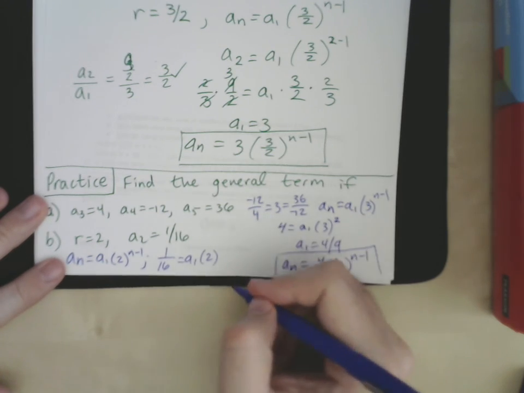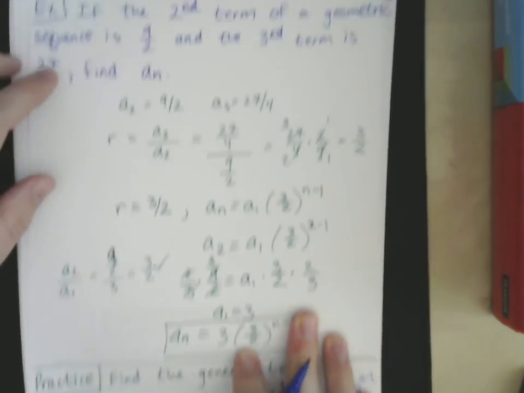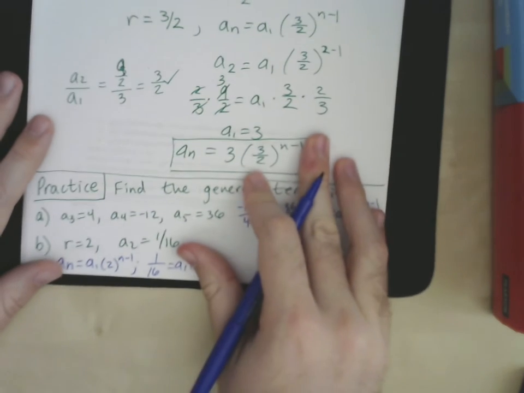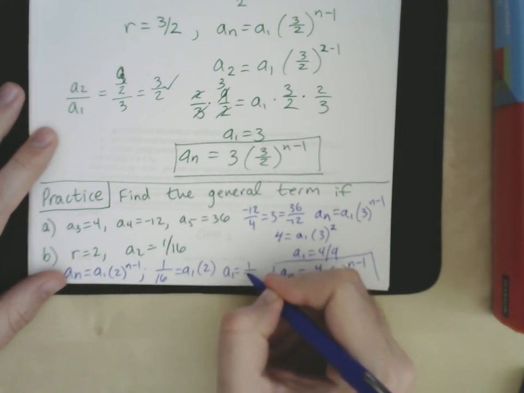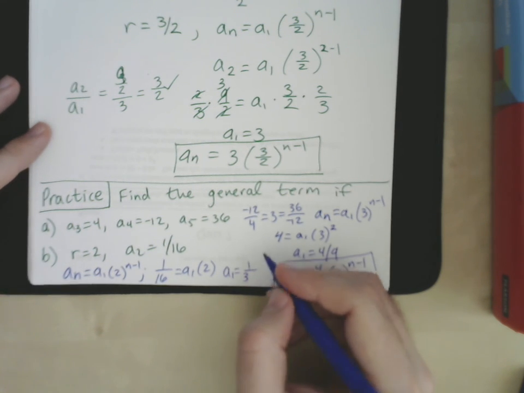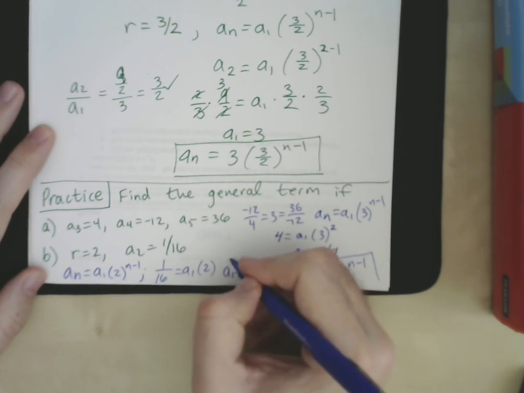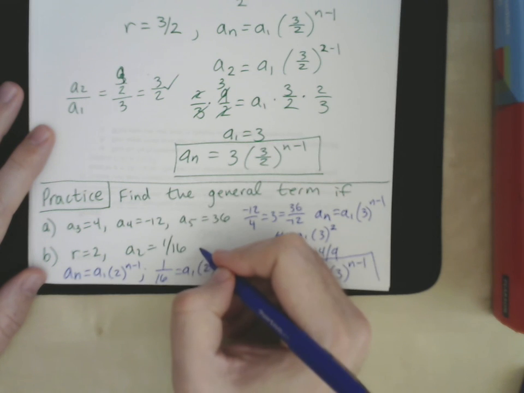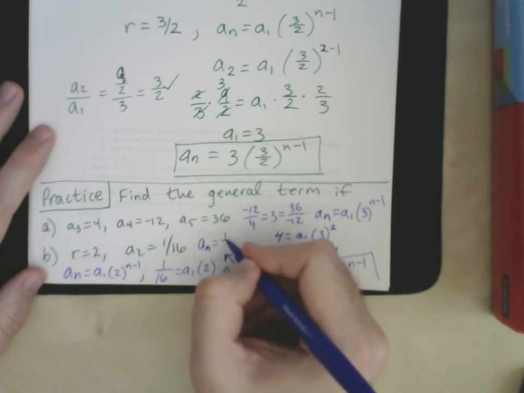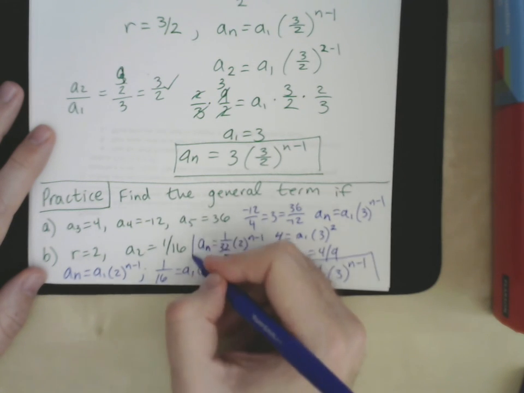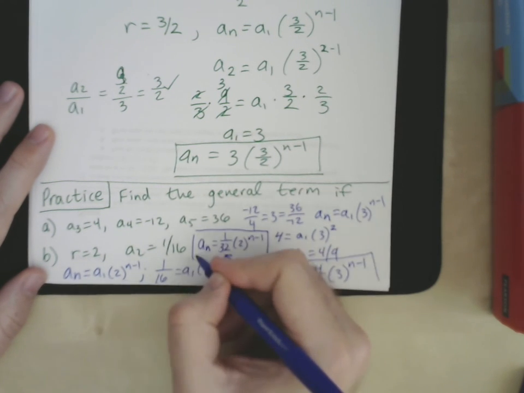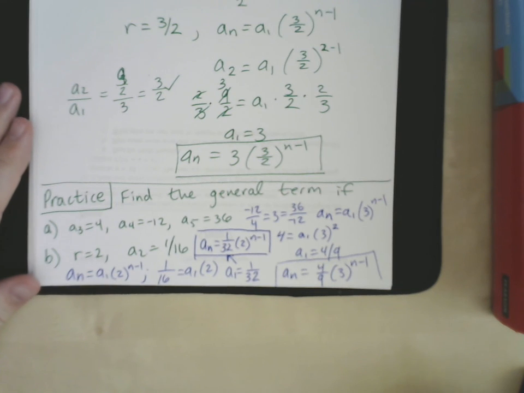Divide by 2, that means a sub 1 equals 1 over 32. And so going back up, a sub n is then 1 over 32 times 2 to the n minus 1.